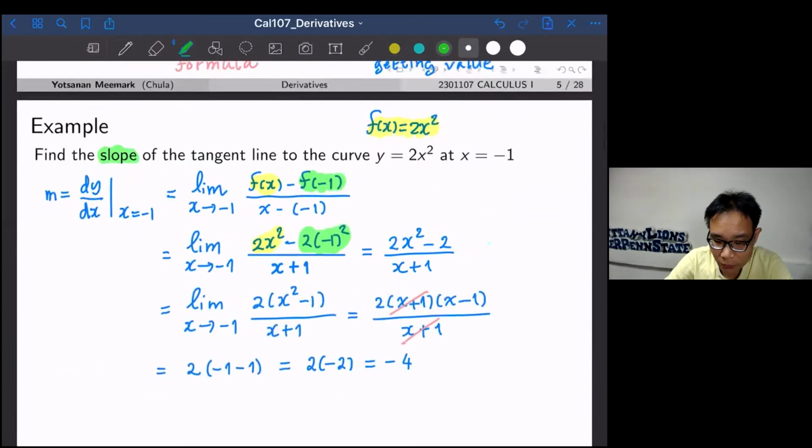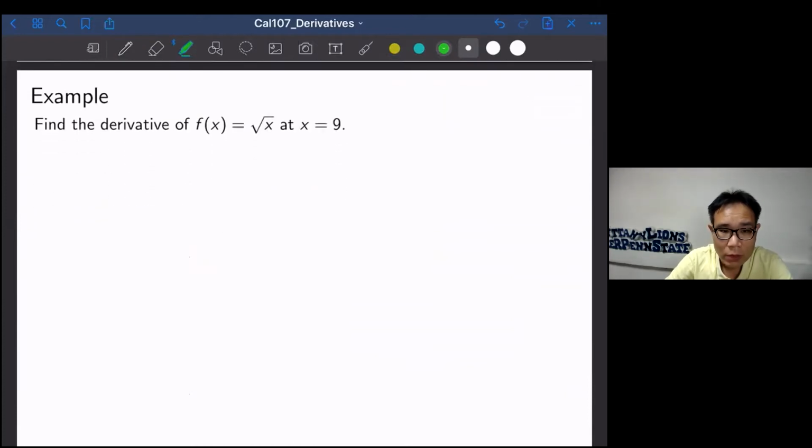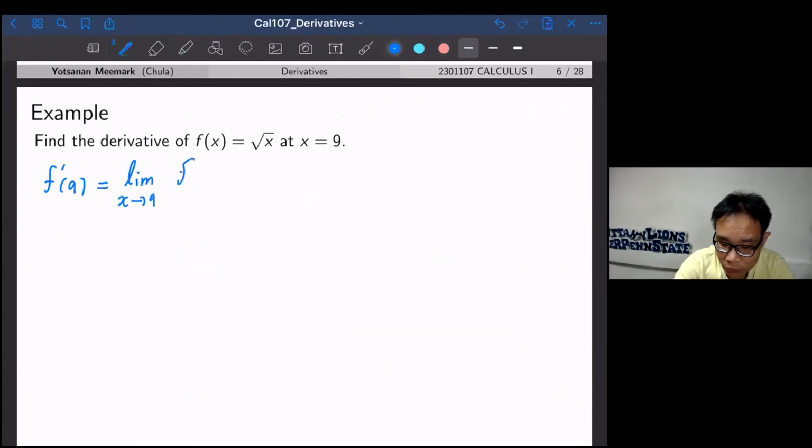The next one, you'd like to find the derivative of f(x) equal to root x at x equal to 9. So you're going to have f prime of 9. You use the formula limit x goes to 9 of f(x) minus f(9) over x minus 9.